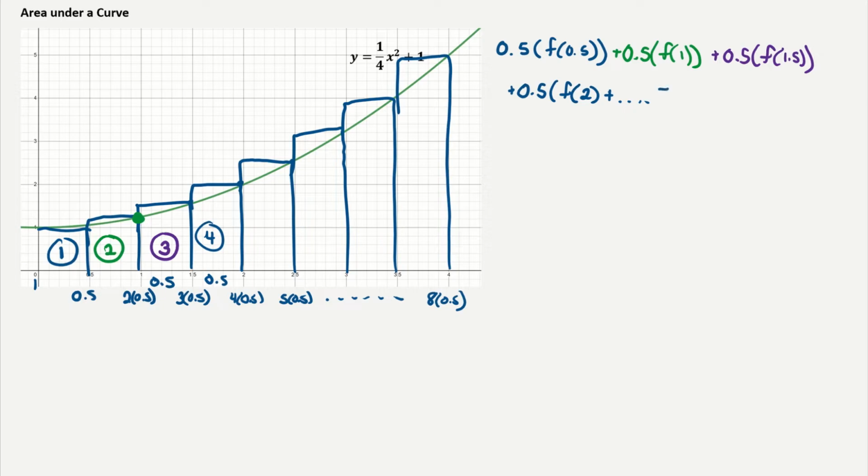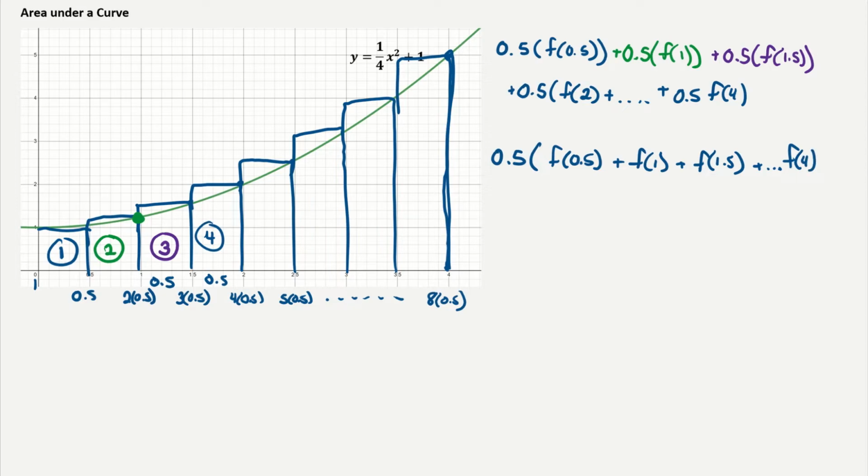And we keep going until our very last one would be 0.5 times f of 4. You can see that this height is f of 4. I need to make this a little easier. That 0.5 is multiplying all of those, so why don't I factor that out? 0.5 times, well then it's just adding up all of the y values inside, like this, and go all the way to f of 4.